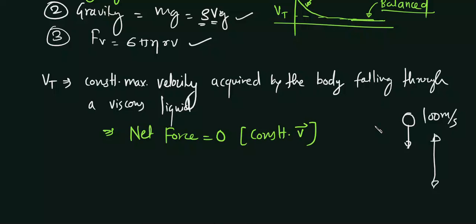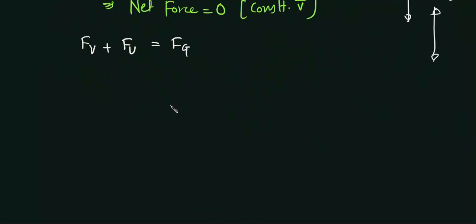So if the forces are balanced, what you can write is that the viscous force plus the upthrust or buoyant force is equal to the gravity force, isn't it? Gravity is pulling down, and those are opposing it.